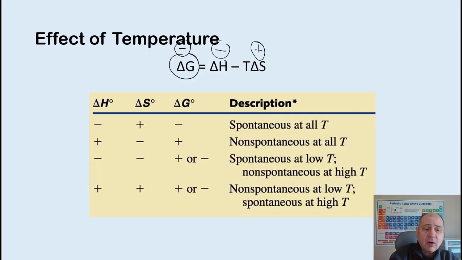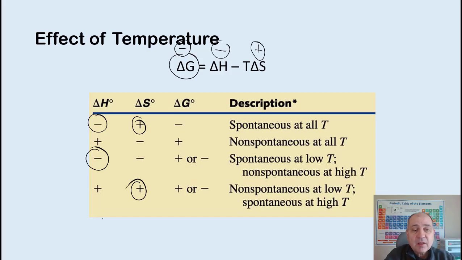So if I circle all of the instances where we have negative delta H's, so that's enthalpy favorable, and positive delta S's, we can then argue, okay, if both of them are in favor, then we have processes that are spontaneous at any temperature. If we have, of course, the opposite here, then it doesn't matter what the temperature is. Temperature does not control that.